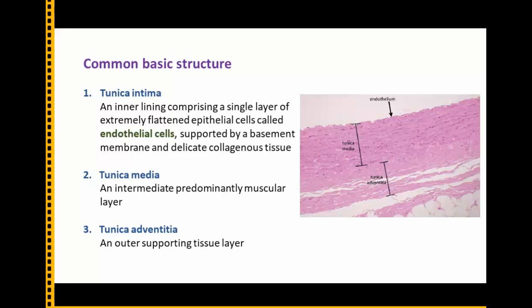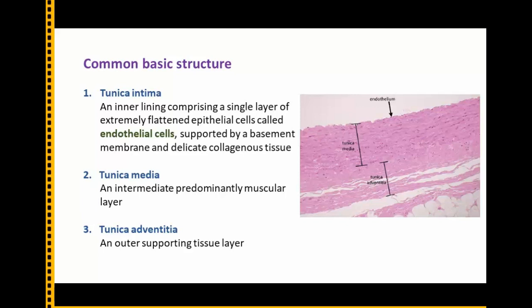Okay. This structure we can draw like this. If we draw it like a circle, it has 3 parts. The innermost part is the tunica intima. This one, the innermost part.